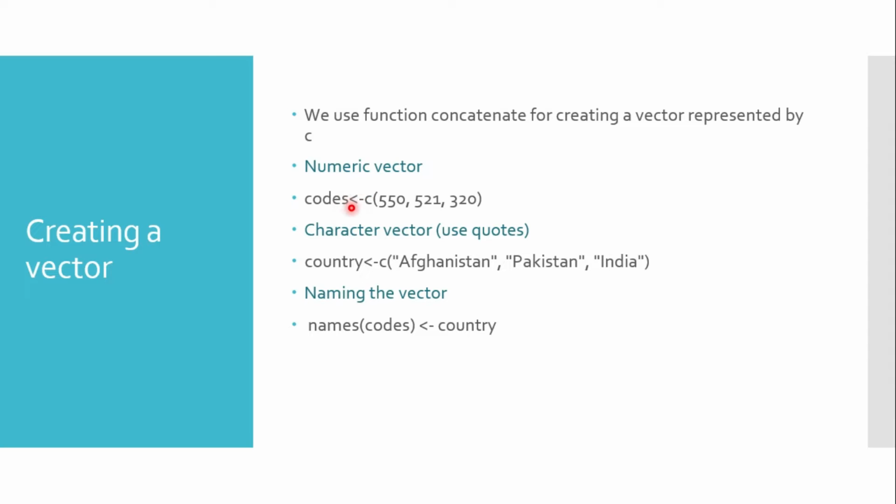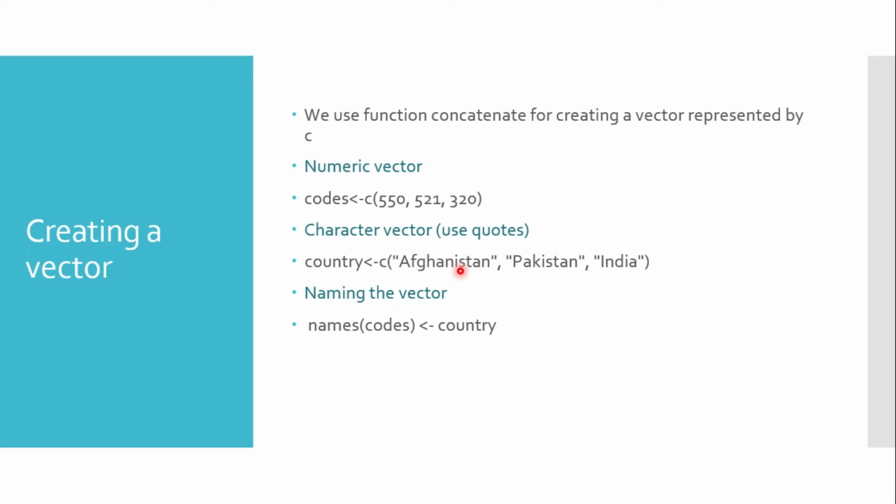Then you put an assignment sign and then c. c represents concatenate. Then you write the first value, comma, second value, comma, and third value. It is going to create an object for you. Now, if you are interested in character objects, you will write c and give it a name, but you will write the character objects in inverted commas.